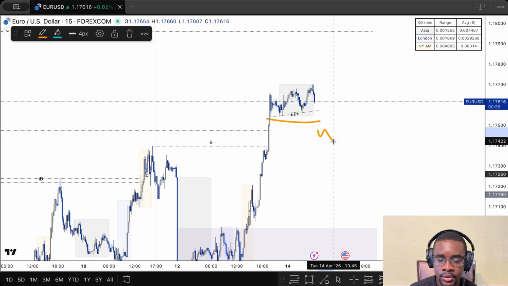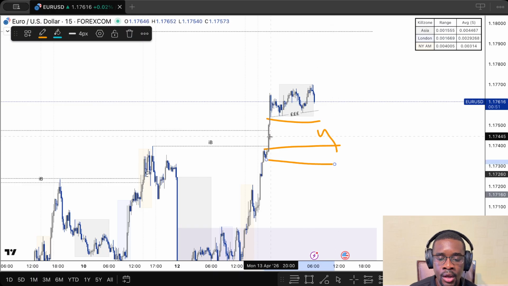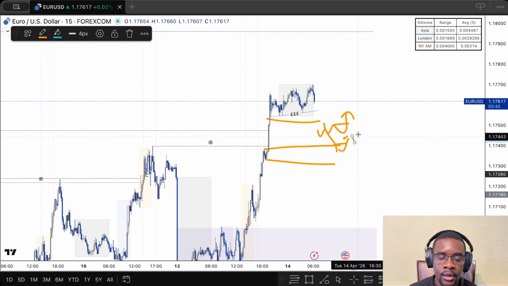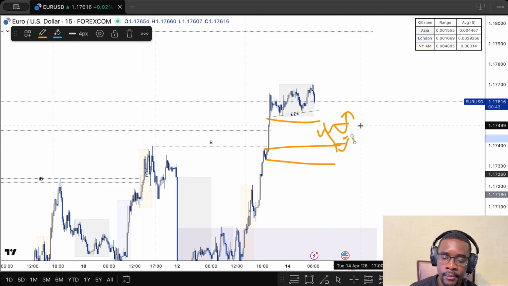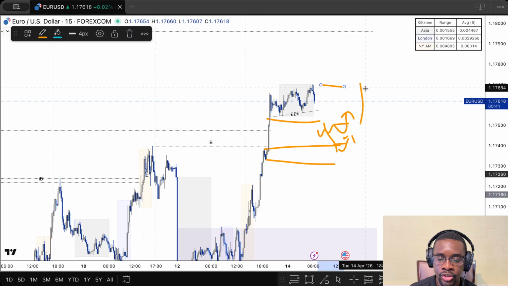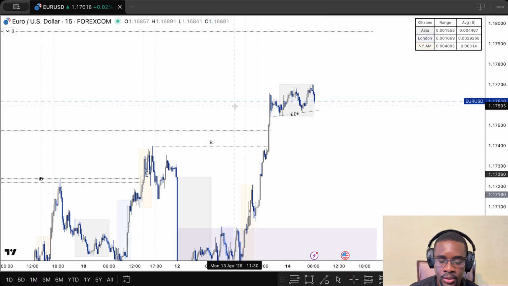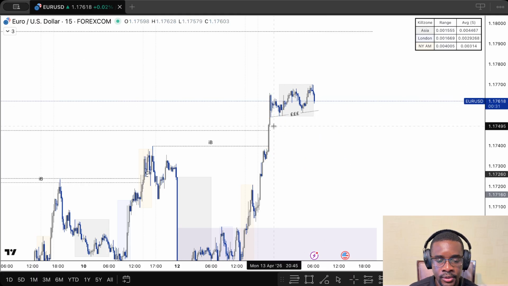Once this goes, if we have confirmation, either price comes and reaches this area or just sweeps this and then gives confirmation. Either way, we'll then be looking for longs, targeting either the Asia highs or this previous structure high. So that's it for the Euro USD.